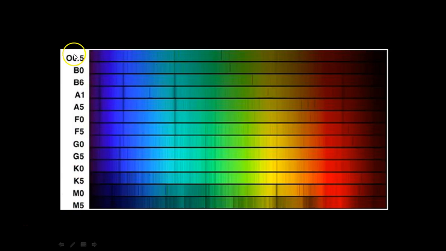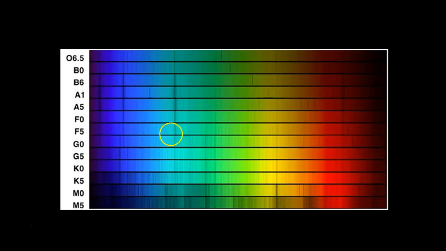But basically the point of this little video is to show you how temperature can be determined by looking at the spectrum and seeing what particular pattern of absorptions we get to match up with a specific temperature.